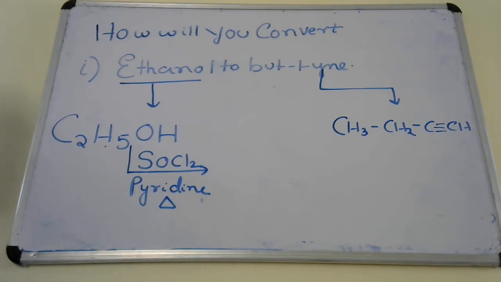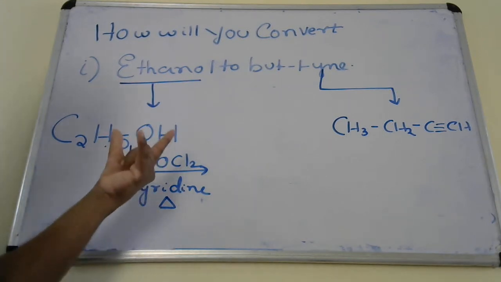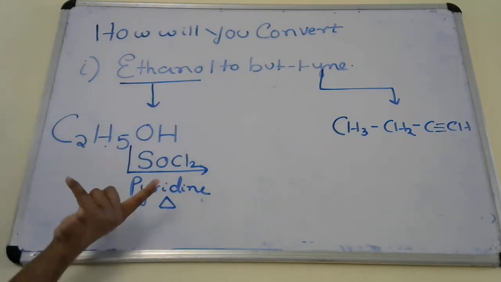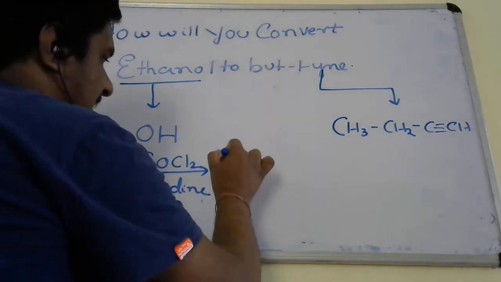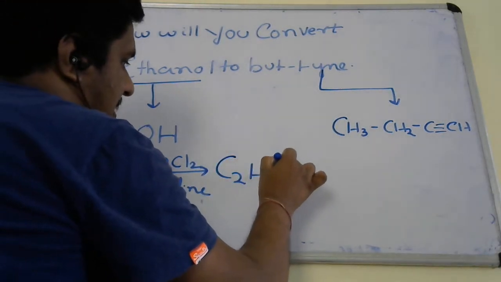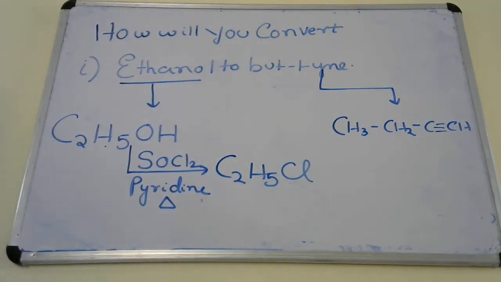Okay, we provide ethyl alcohol or ethanol with thionyl chloride in presence of a solvent pyridine and heat it. What we will get? We will get chloroethane.